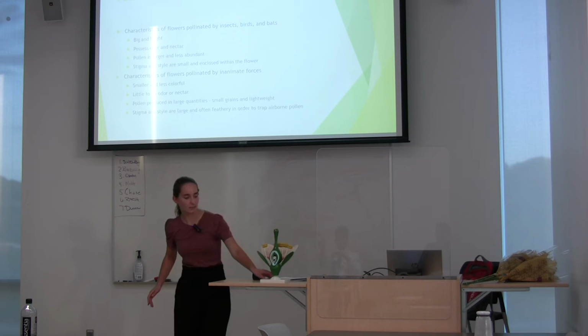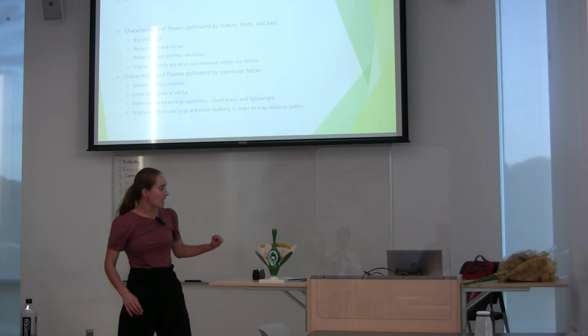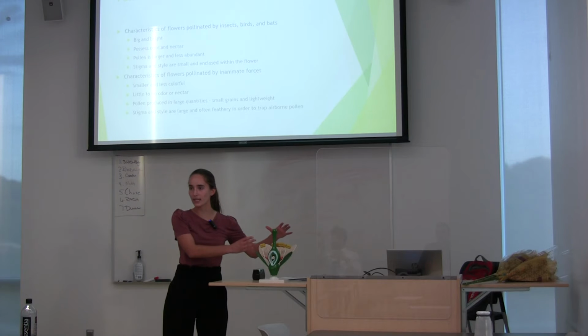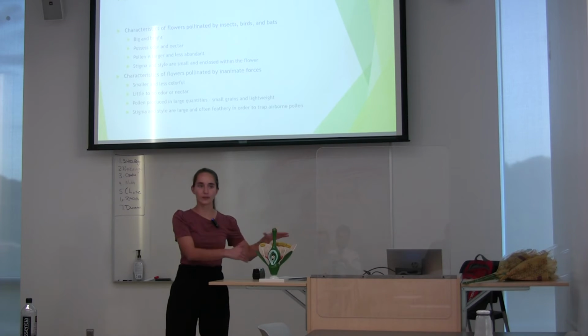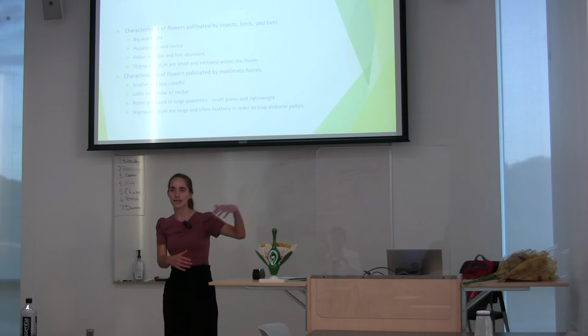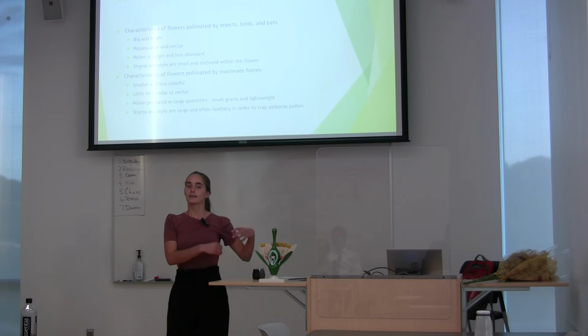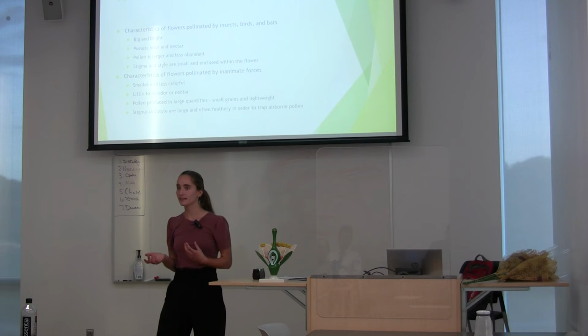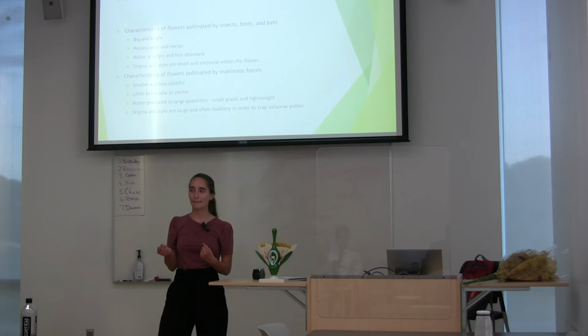So I have this nice model here, so I don't have to go back. So the stigma and the style here are going to be enclosed within the flower rather than being further out and suspended out there. Does anyone have an idea of why that might be? No?